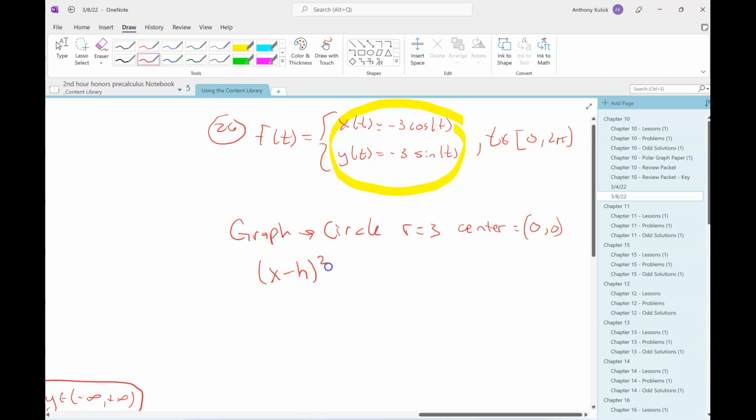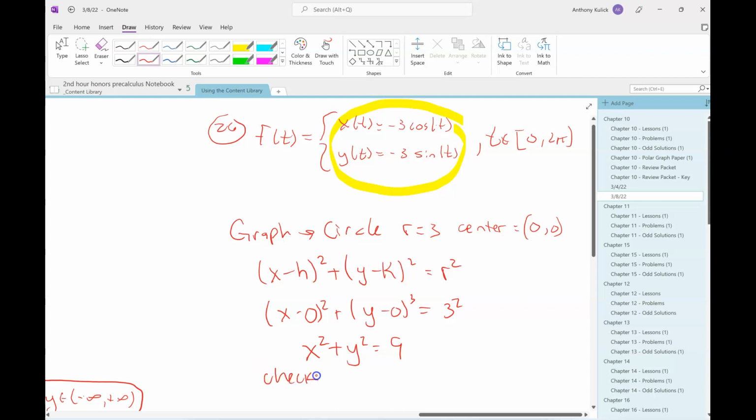As we mentioned yesterday, the Cartesian equation for a circle is (x minus h) squared plus (y minus k) squared equals r squared, where (h, k) is the center and r is the radius. So if we take what we had observed from the picture, we have that x squared plus y squared is equal to 9.